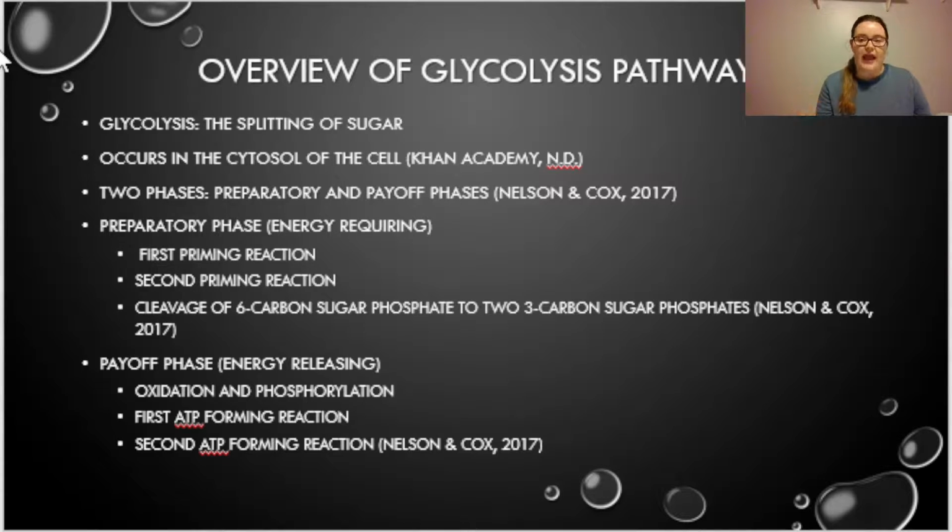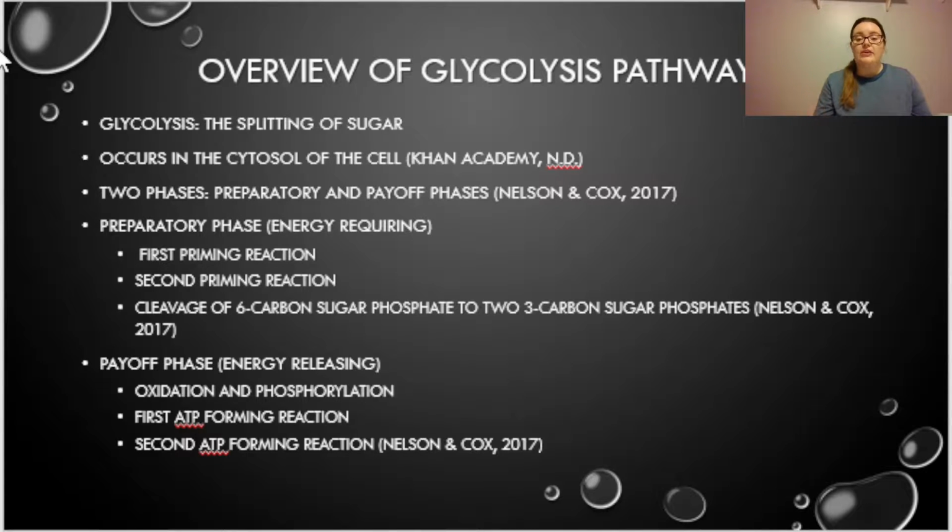And during this phase, the phosphorylation of glucose comes about, and then it is converted to something called G3P, known as glyceraldehyde 3-phosphate. And then we have the payoff phase, and this is also known as the energy releasing steps. And this is whenever oxidation and phosphorylation steps occur.